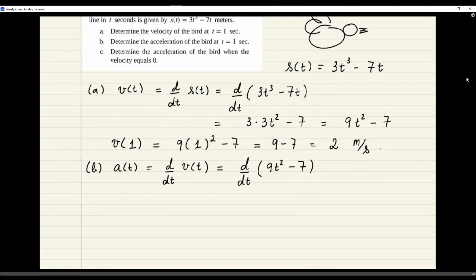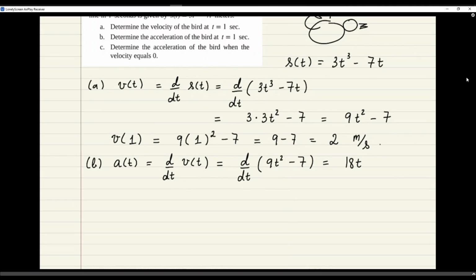And again, using the power rule to take the derivative of this, this will give us just 18t, because -7, when you take the derivative, becomes 0. Alright, so the acceleration at 1 second is equal to 18 times 1, which is 18, and the unit here is meter per second squared.